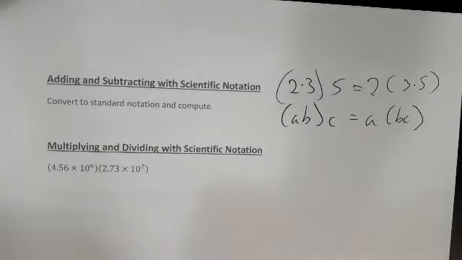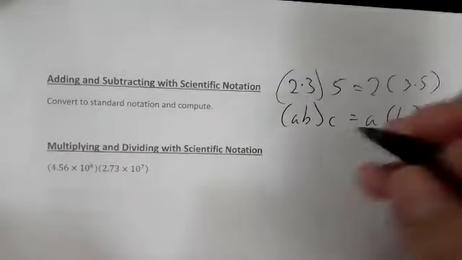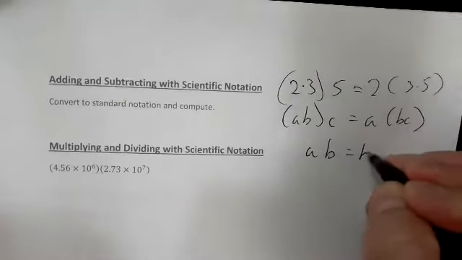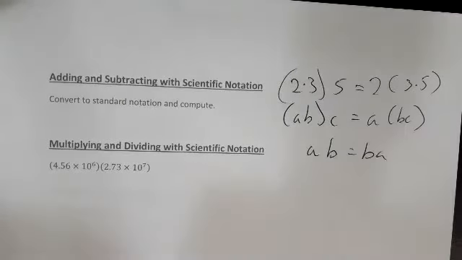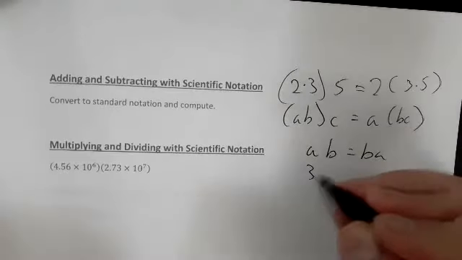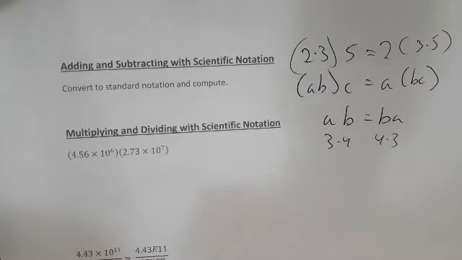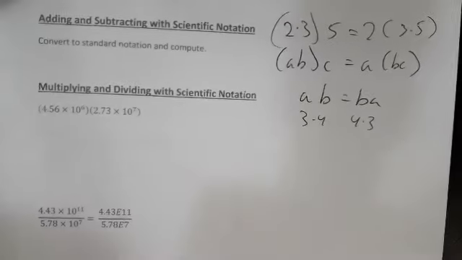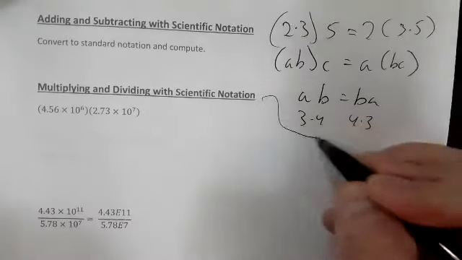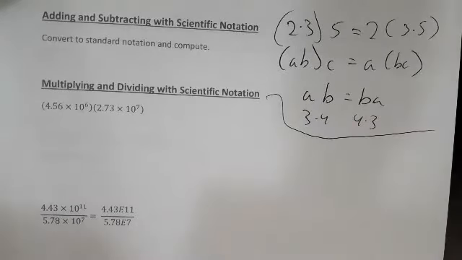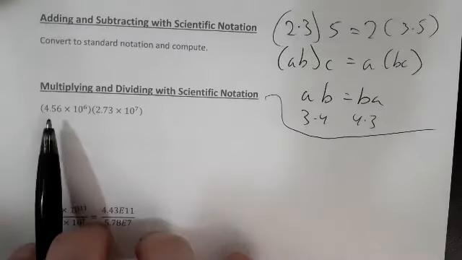So these are rules that we have. We can drop parentheses. We can rearrange things, right? A times B is B times A. 3 times 4 is the same thing as 4 times 3. I don't know if we really think about using them, but we do. And we can apply them here.